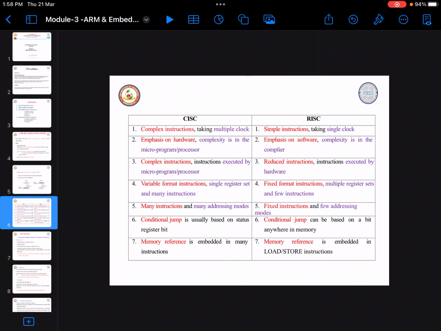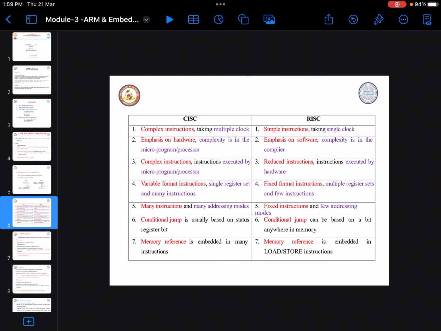In CISC you have variable format instructions, a single register set, and many instructions and many addressing modes, whereas in RISC you have fixed format instructions, multiple register sets, and only a few addressing modes.